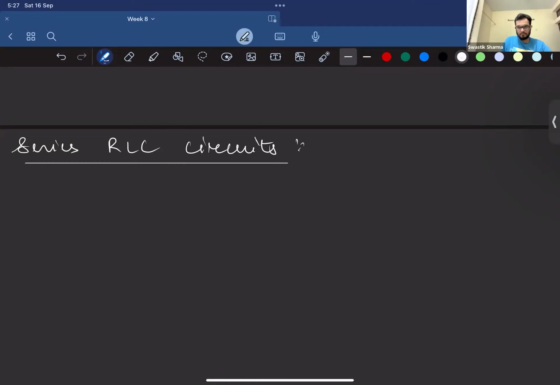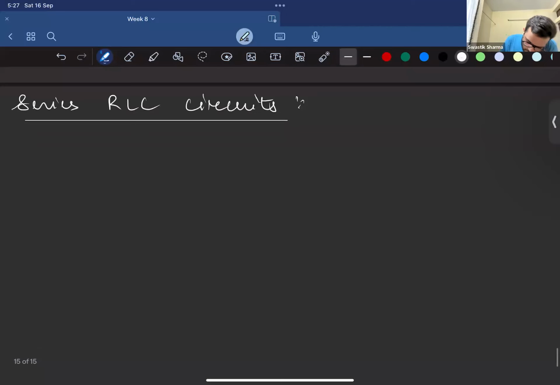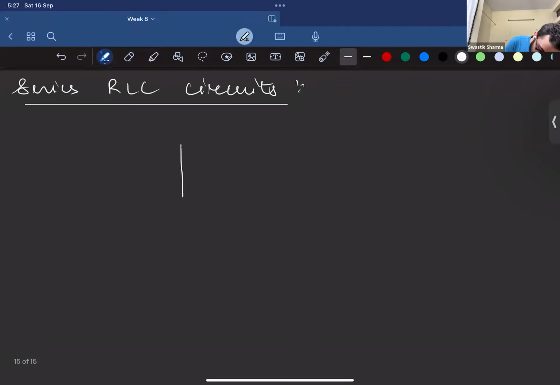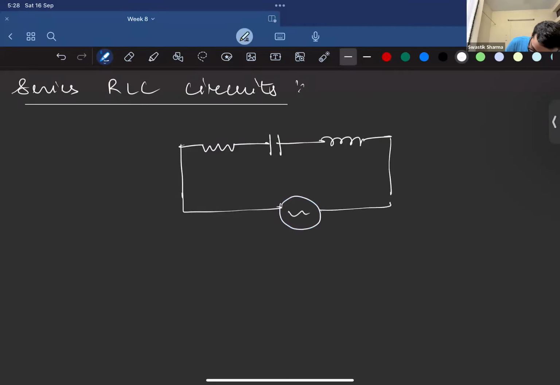There's a resistance, a capacitor, and an inductor, each connected across a single-phase voltage source V. This is R, this is C, this is L.